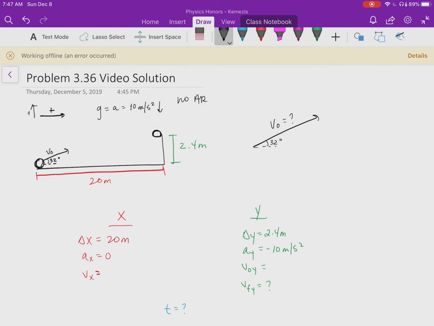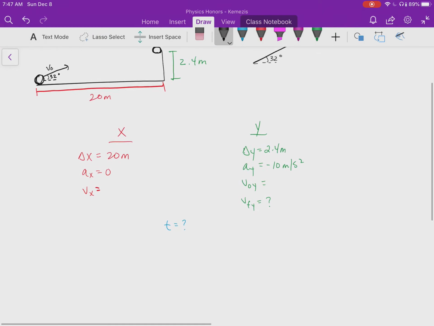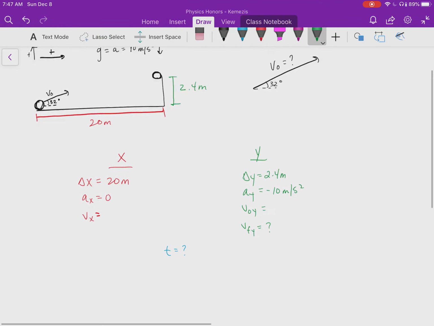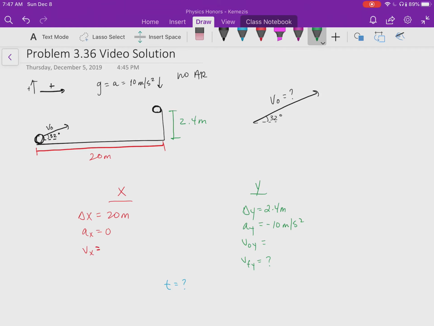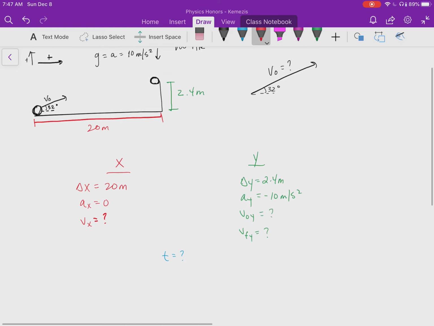That's what we are looking for. In order to find this resultant vector, we would need to know something about the initial y velocity and the initial x velocity, and we don't know.